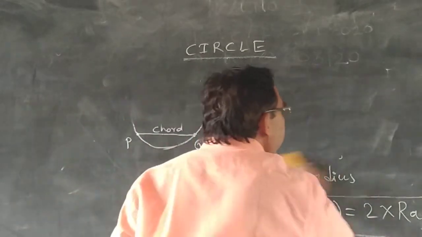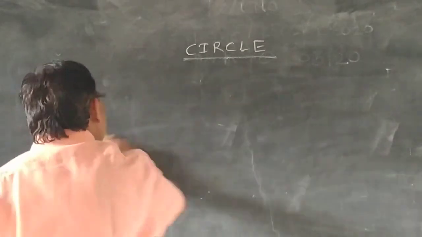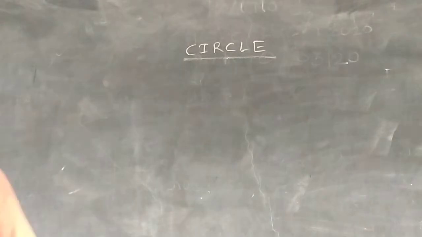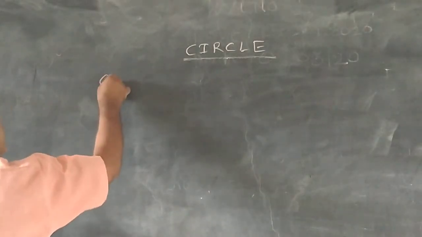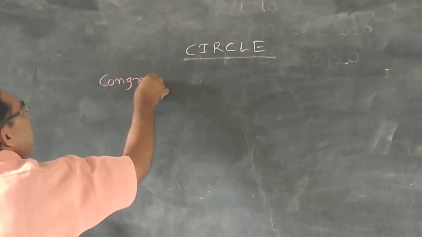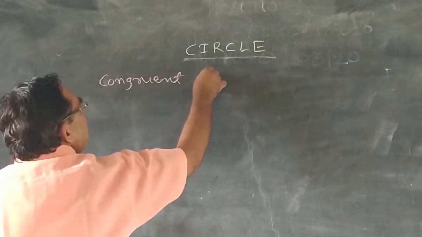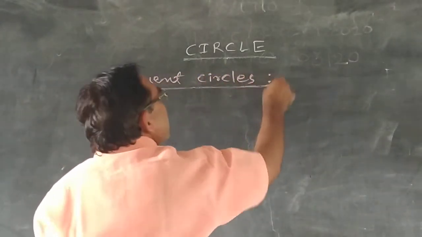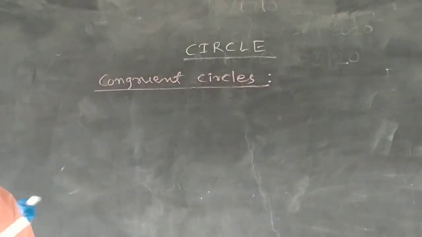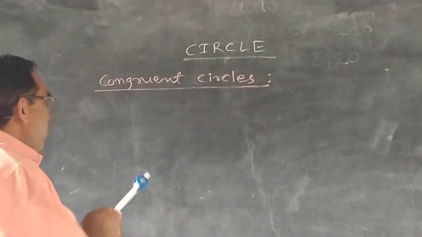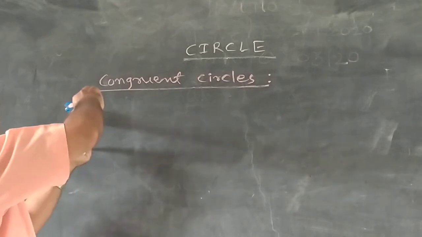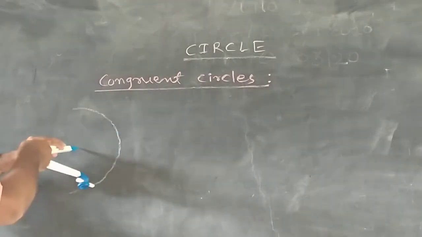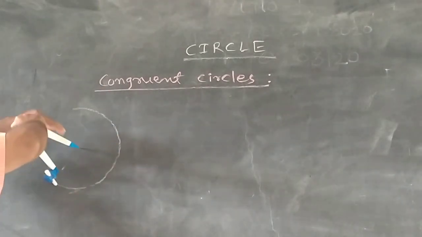Congruent circles. Now we see here, if I draw two circles, this is one circle.